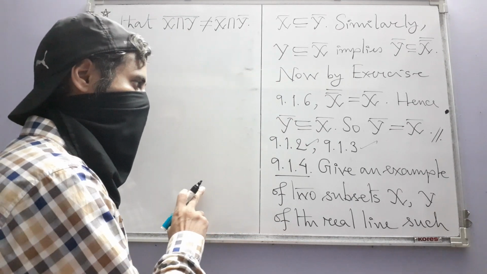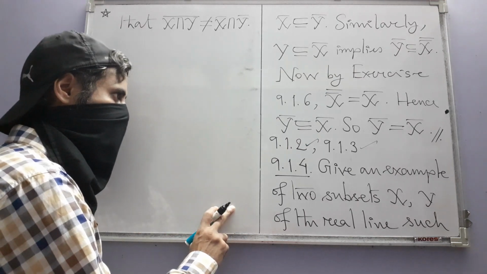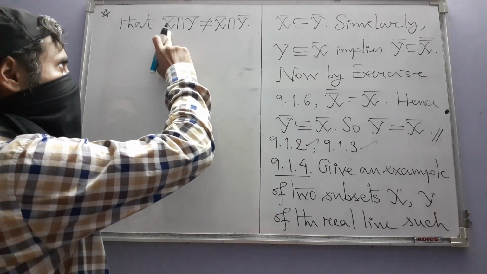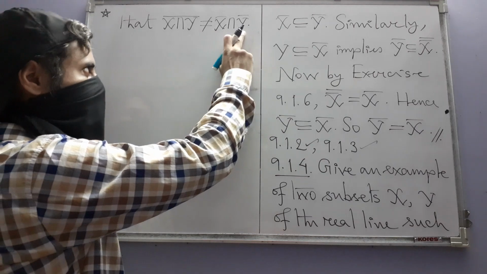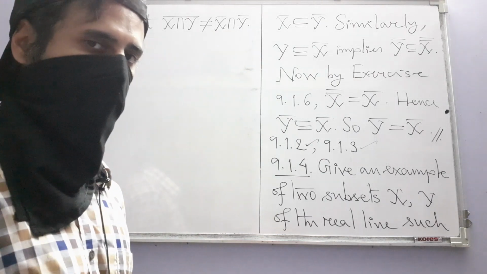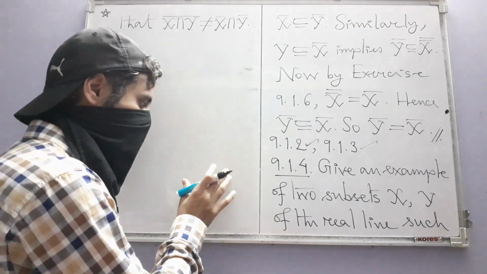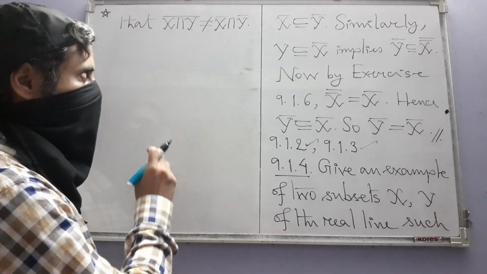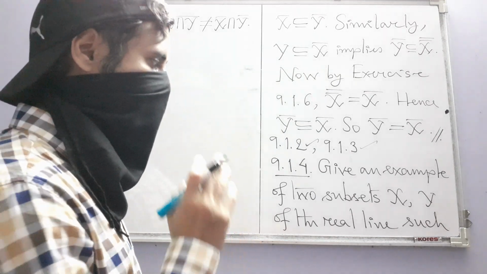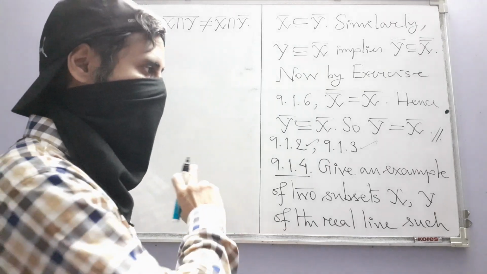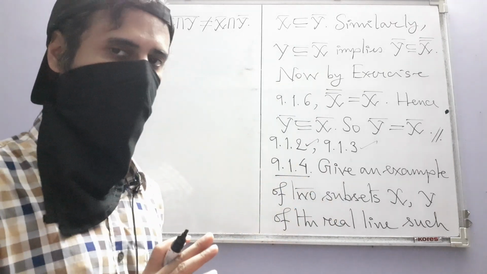You remember that while proving lemma 9.1.11, we have proved that this set is actually a subset of this intersection. And there itself, I think this question also arose whether we can always have equality. Now, I cannot remember exactly if we address the question there itself.